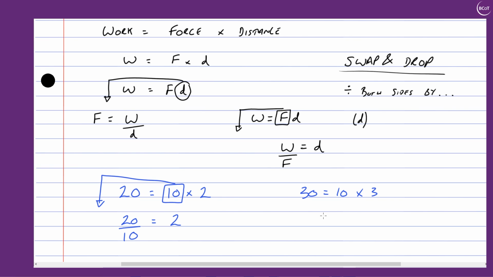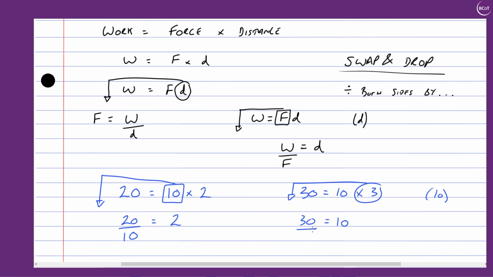If we have an equation 30 equals 10 times 3, which is correct, and we want to make 10 the subject, as in have the 10 on its own, even though it's on the right hand side, it's still the subject of the equation because it's on its own. But to get the 10 on its own, we need to take the 3 and swap and drop it under the 30.